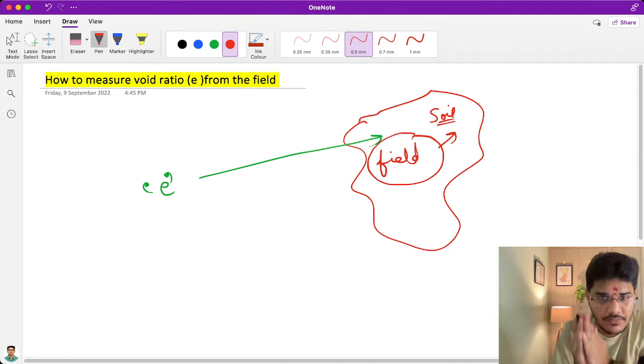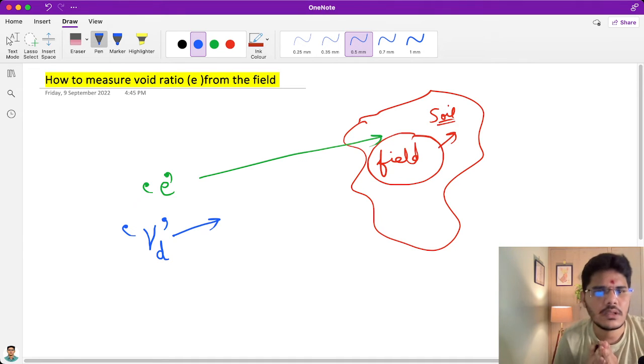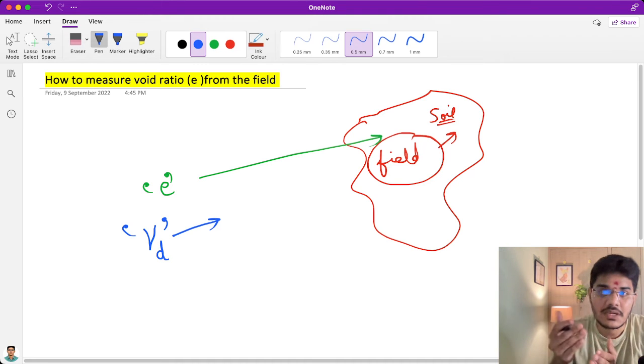I'll go to this field and I will be measuring gamma D. Why gamma D only? Gamma D means dry unit weight. Because gamma D is the constant which we use to measure the degree of denseness of a soil, whether it is loosely compacted or densely compacted.